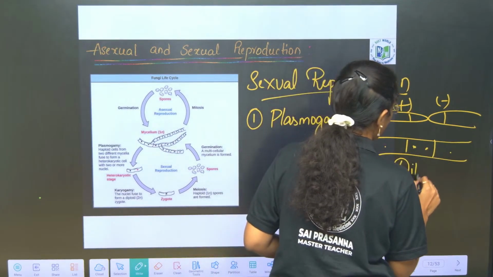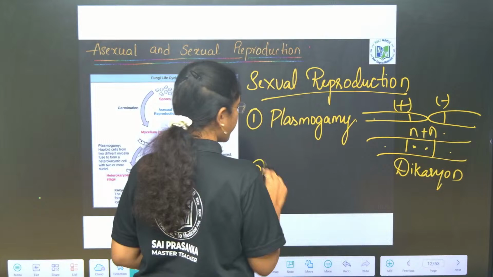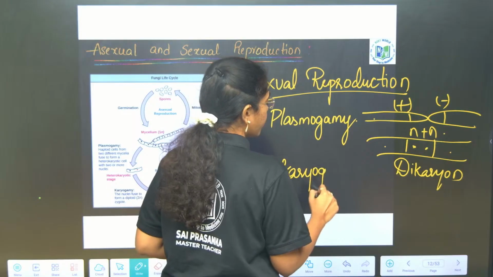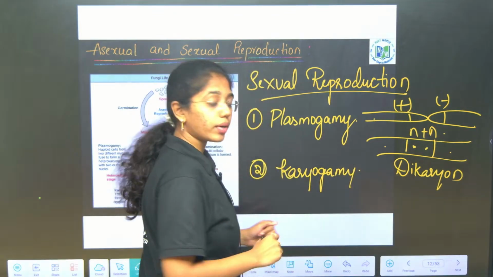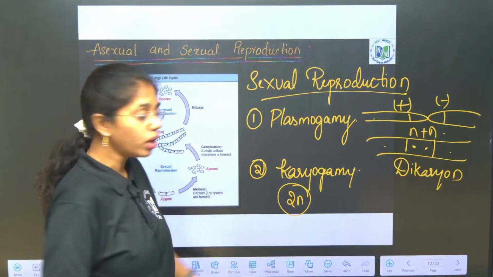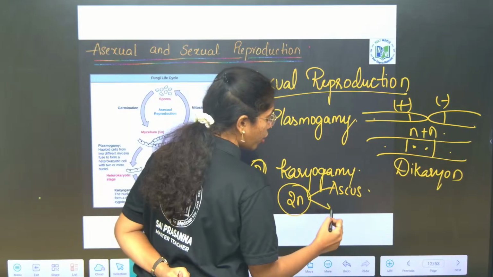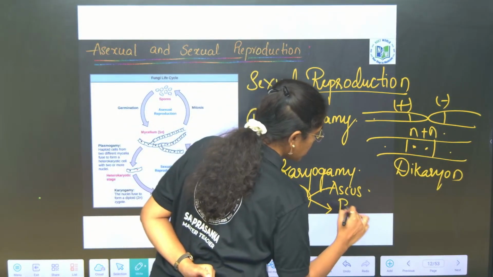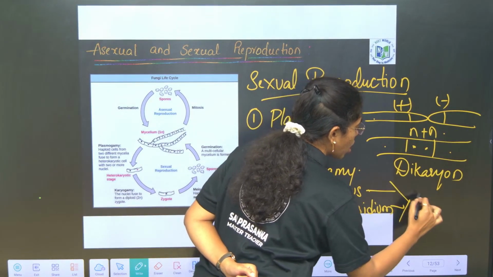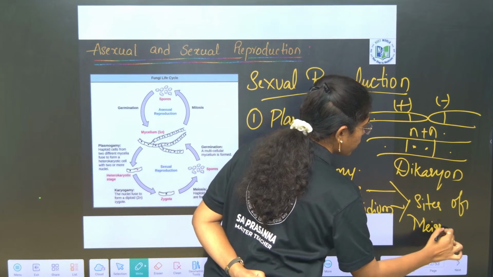The dikaryon stage, which is N plus N condition, is prior to karyogamy, which is nuclear fusion. After karyogamy, a diploid stage occurs, which can be assumed as a zygote. In Ascomycetes we call it the ascus, and in Basidiomycetes it is the basidium. These are the sites of meiosis, which is the third stage of sexual reproduction.